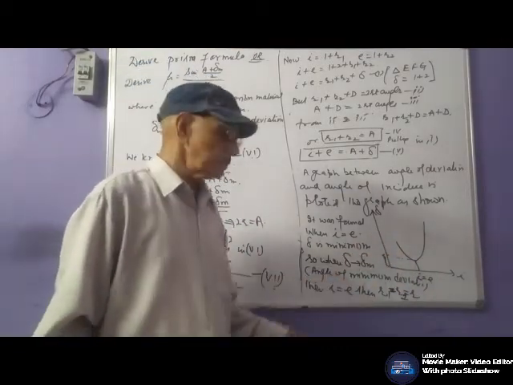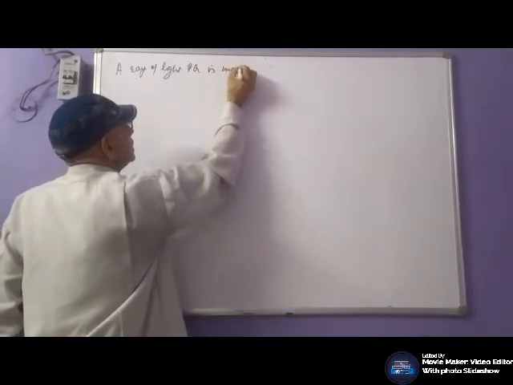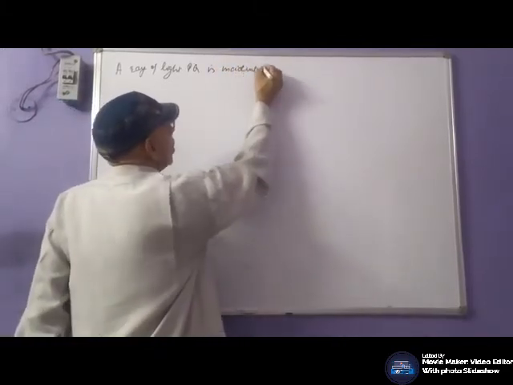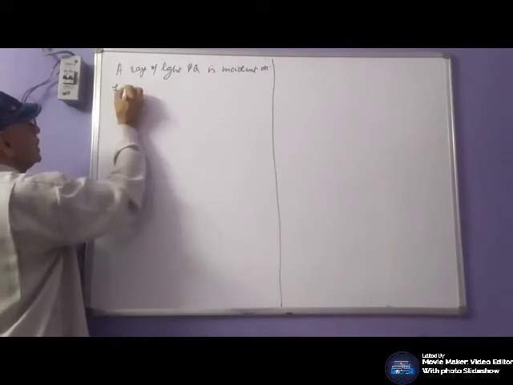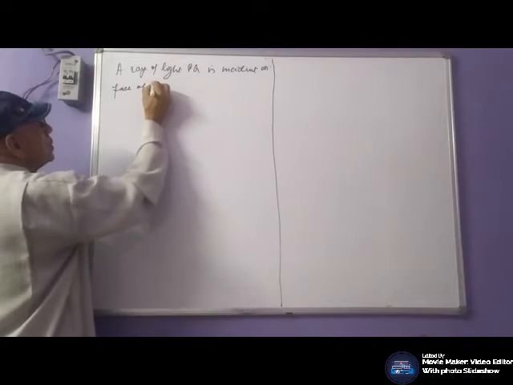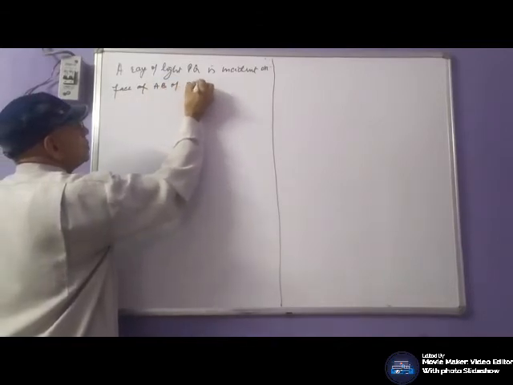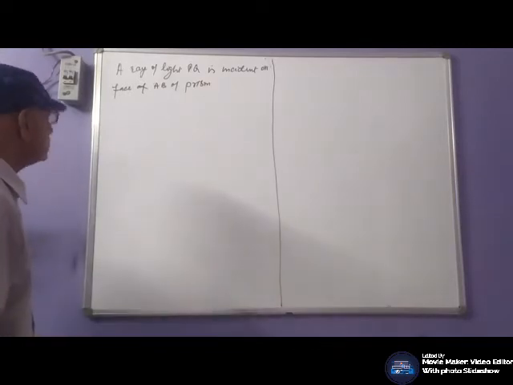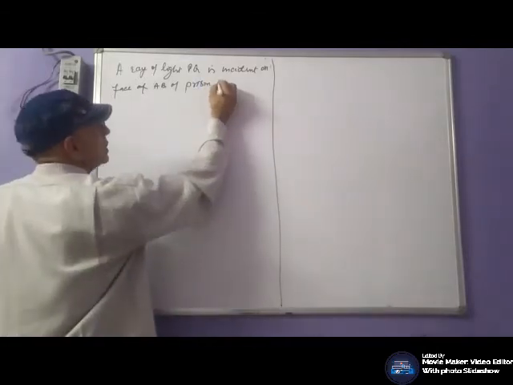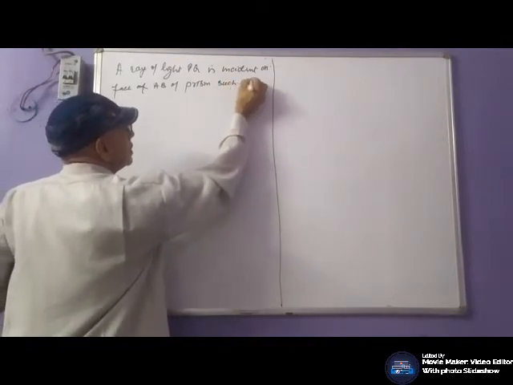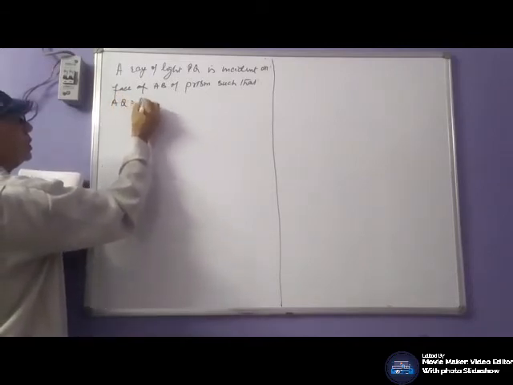R1, R2, they will be equal. Question: a ray PQ is incident on face AB of prism such that AQ is AR.